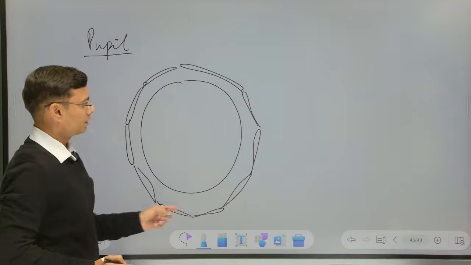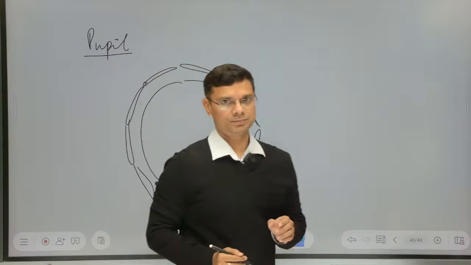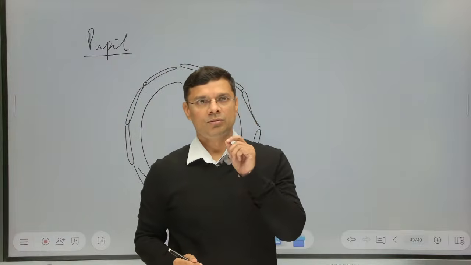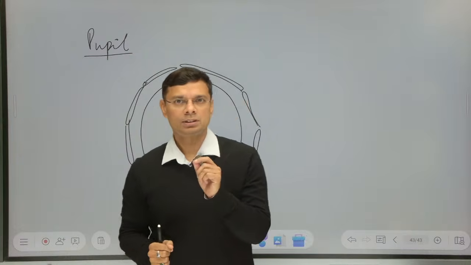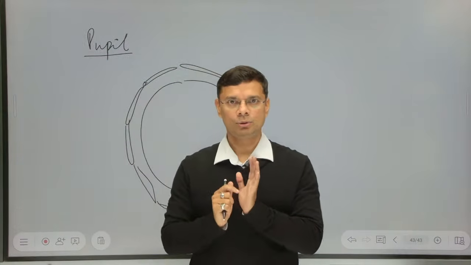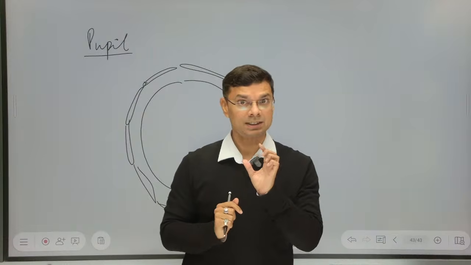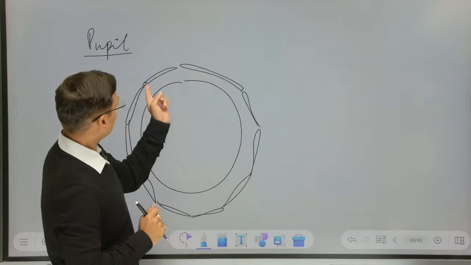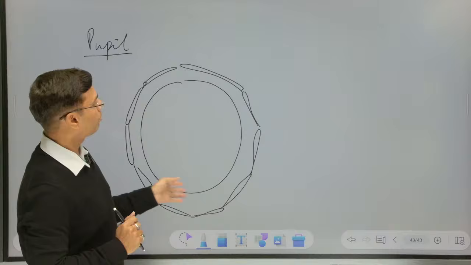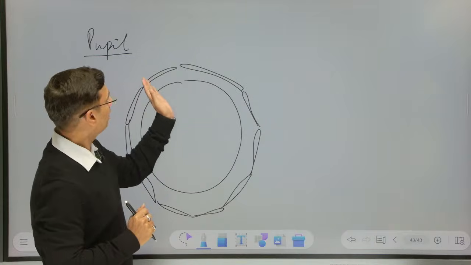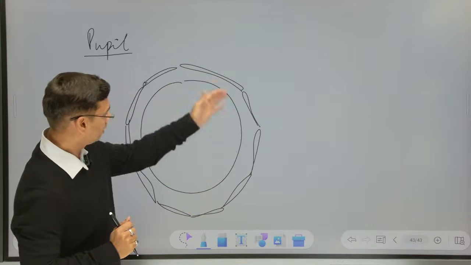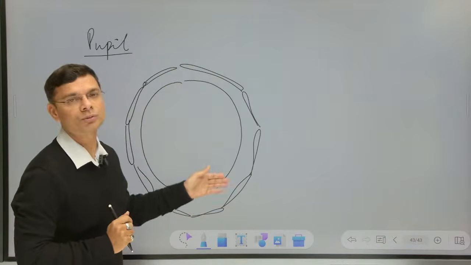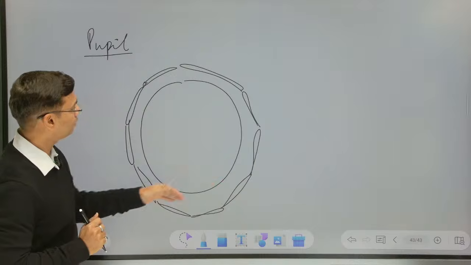These are the smooth muscle cells. Smooth muscle cells know one thing: when a signal comes, they have to contract. They only know one thing at the cell level. Now think again. We are talking about a pupil. The pupil is a sort of organ because there are tissues here, muscular tissue, smooth muscles. There are a lot of cells.